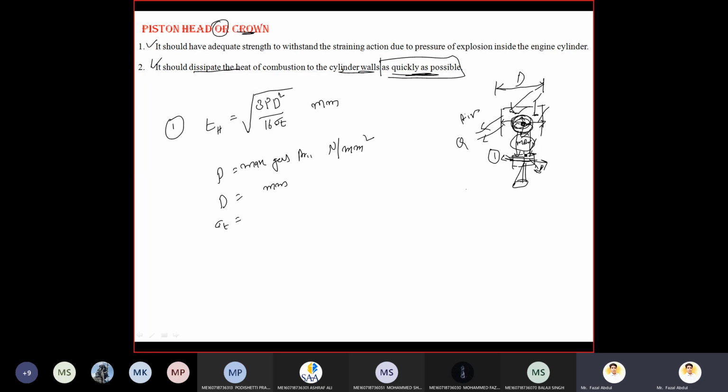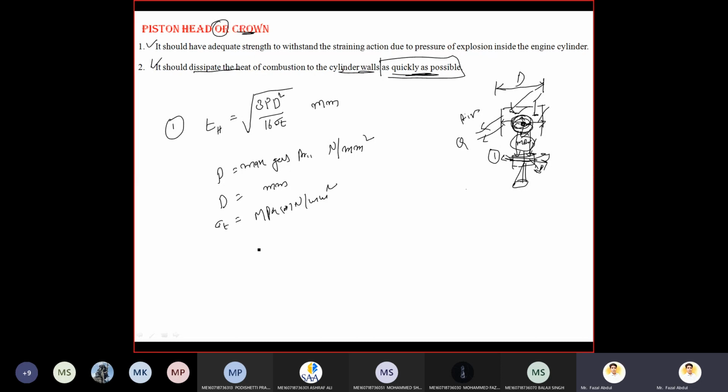Whatever material we use for manufacturing the piston, that property is sigma T. Maybe it is treated as bending or maybe as tension. This sigma T value, we need to remember. It is measured in megapascal or Newton per mm square.